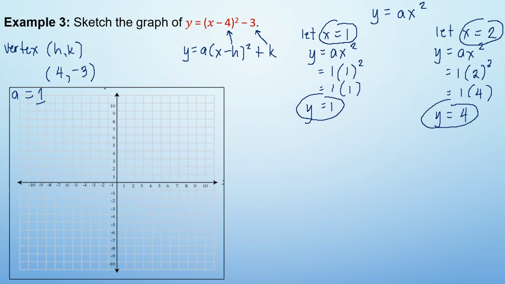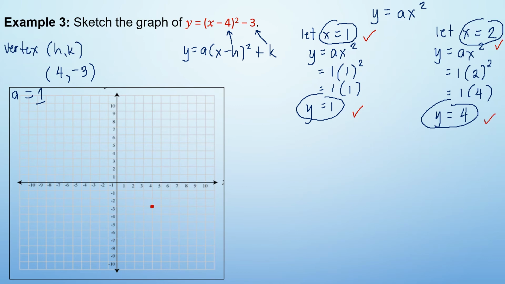So what are we going to do with this? First, let us plot the vertex of our quadratic function. The vertex is at point 4, negative 3. What are we going to do with x is equal to 1 and y is equal to 1, or x is equal to 2 and y is equal to 4?